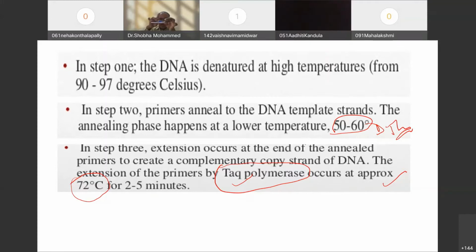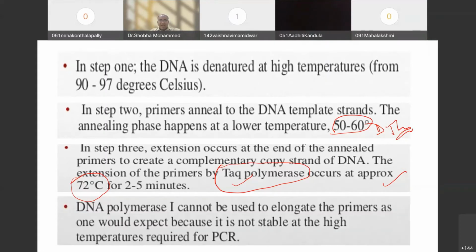This is the primer. This is the Taq polymerase. Then it starts placing all the nucleotides in sequence, making the two strands of a single DNA, synthesizing the new molecule of DNA.